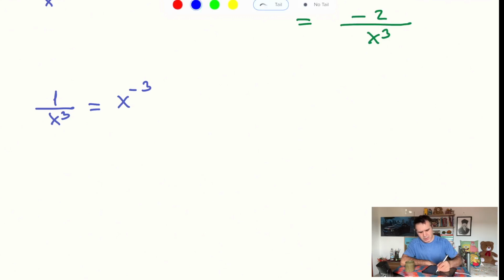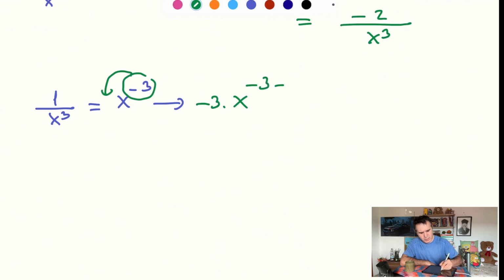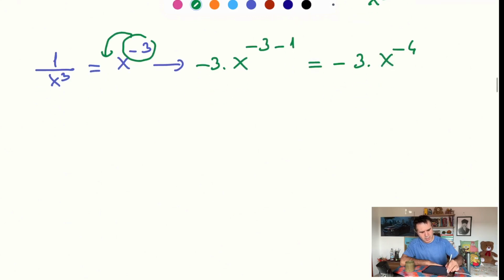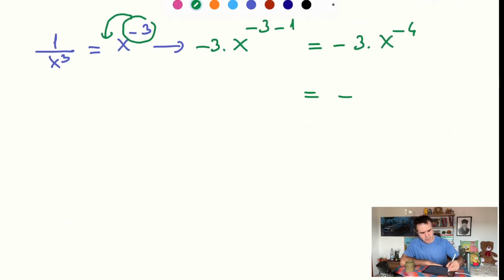And after that, in order to take the derivative, firstly, we will write the exponent as multiplication, minus 3 times, and then subtract 1 from the exponent, and this will be equal to minus 3 times x to the power of minus 4, and we can write it as minus 3 over x to the 4.